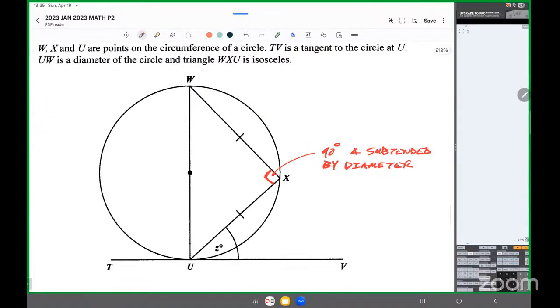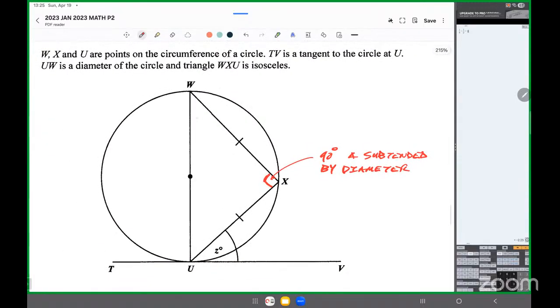Then these two angles are equal because the triangle is isosceles. So this angle and this angle are 45 degrees each.